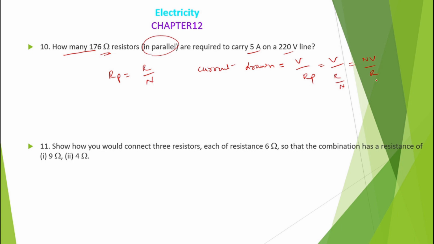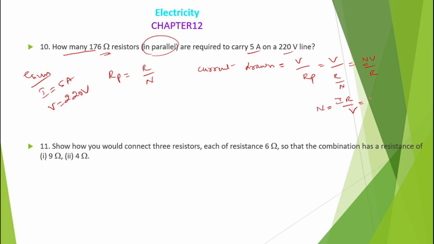Okay. We want how many resistors? So that means N is equal to IR by V. So given, what he has given, you see, I he has given 5 amps, volt he has given 220 volt.